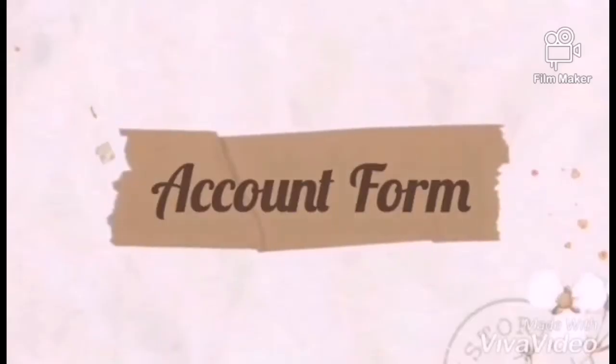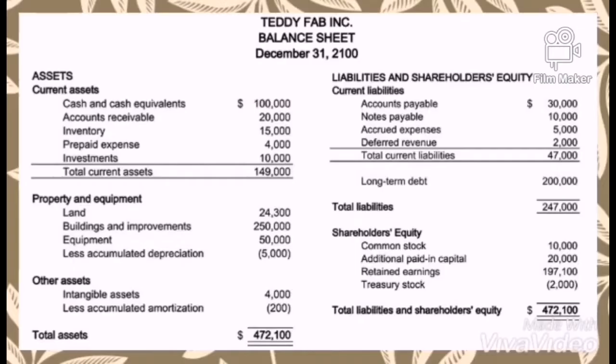So there are two forms of statement of financial position, which are the account form and the report form. This is the example of account form. On the left side of the statement are the assets, while on the right side are the liabilities and owner's equity.